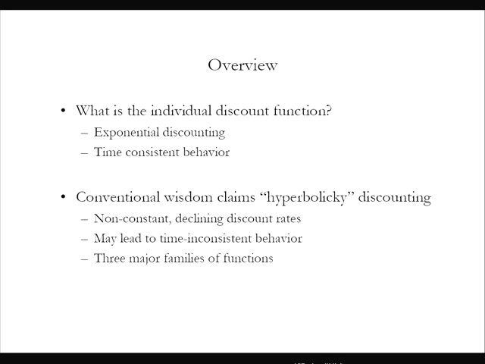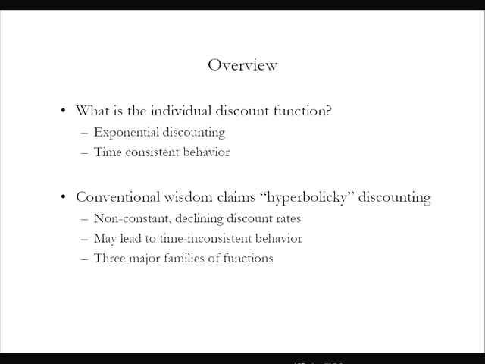There are various specifications of these discounting functions, and the early ones were quite simple and very convenient to work with, and it specifies an exponential function. The nice thing there is that the discount rate is constant over time, and that implies also that we have time-consistent behavior. So if you make a plan now about some decisions in the future, then you'll stick to that plan and carry out those plans in the future.